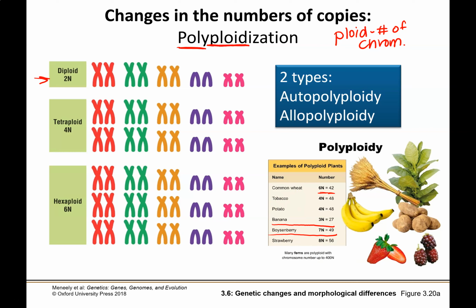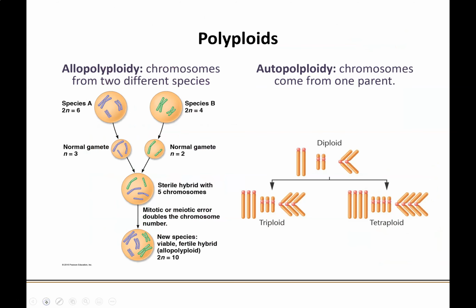All of these are crops, and polyploidization actually can have some specific effects on the plant itself. So organisms with more chromosomes tend to have particular qualities about them that are useful in crop plants.